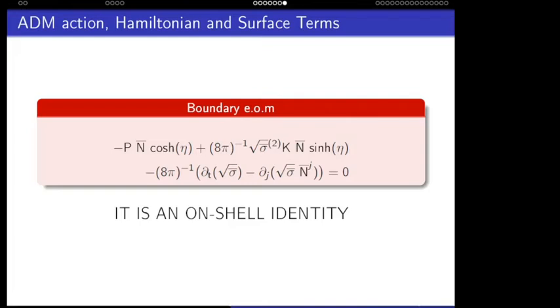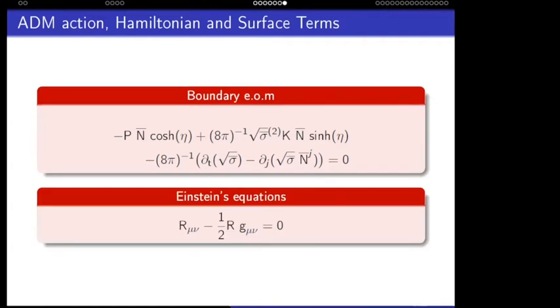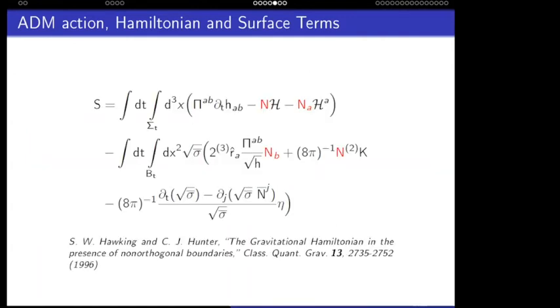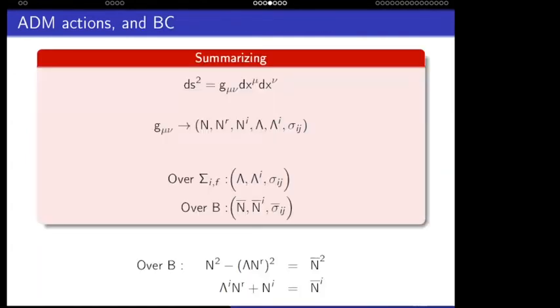So when you do the path integral, you will have at the boundary an extra delta, with these two conditions, imposing these two conditions.